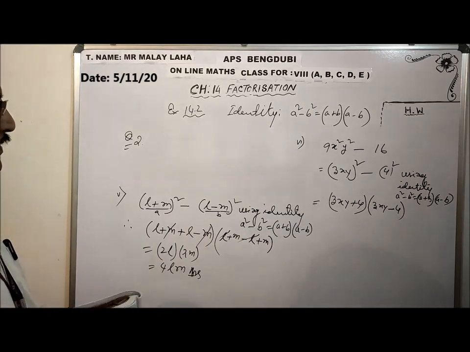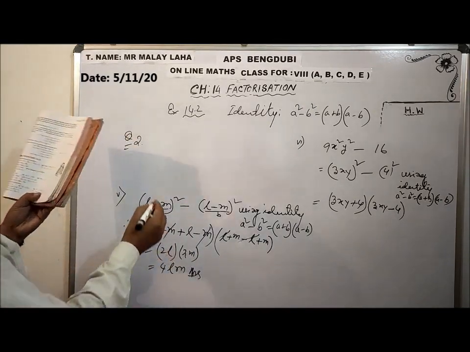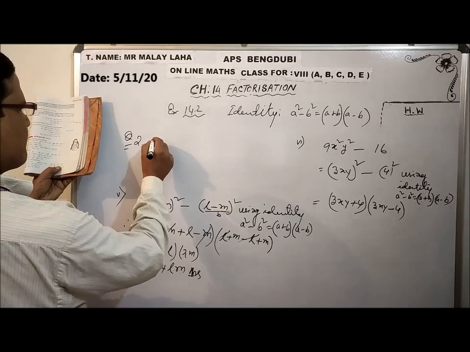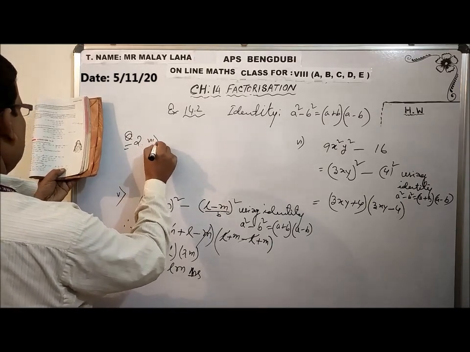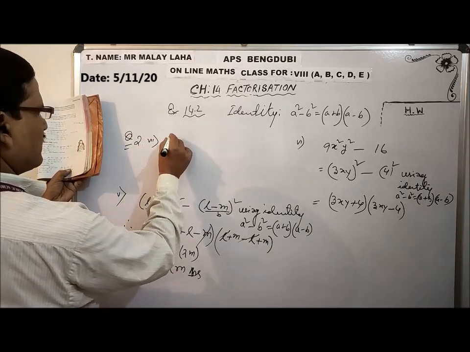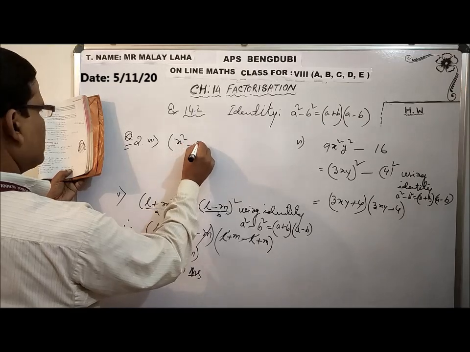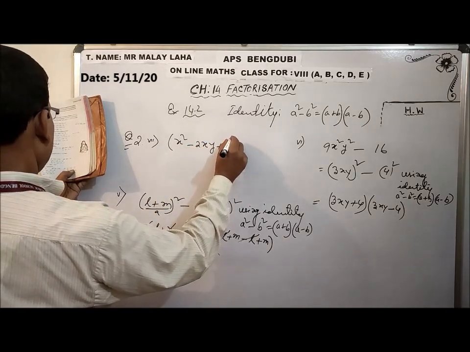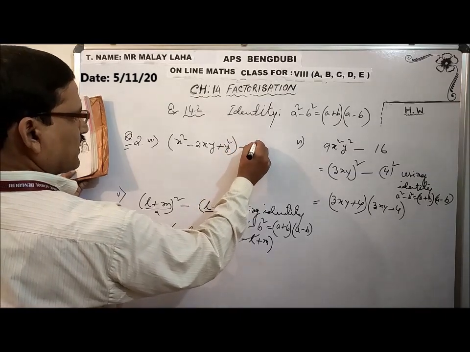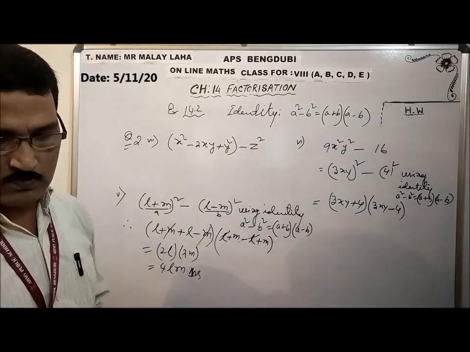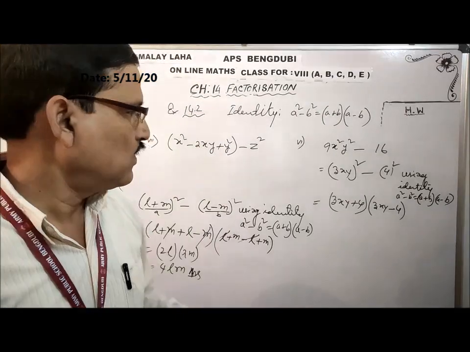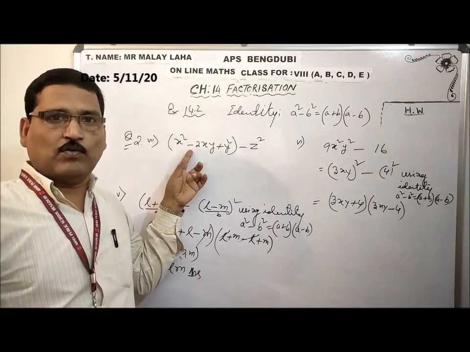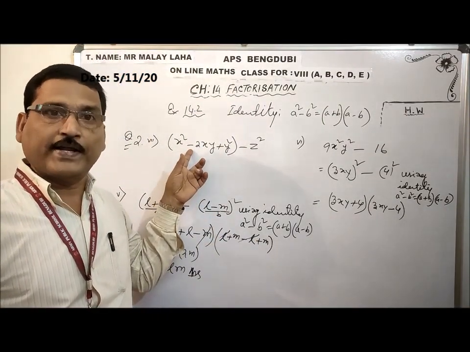So coming to question number 7. It is x square minus 2xy plus y square minus z square. Now this is already an expansion of one identity.